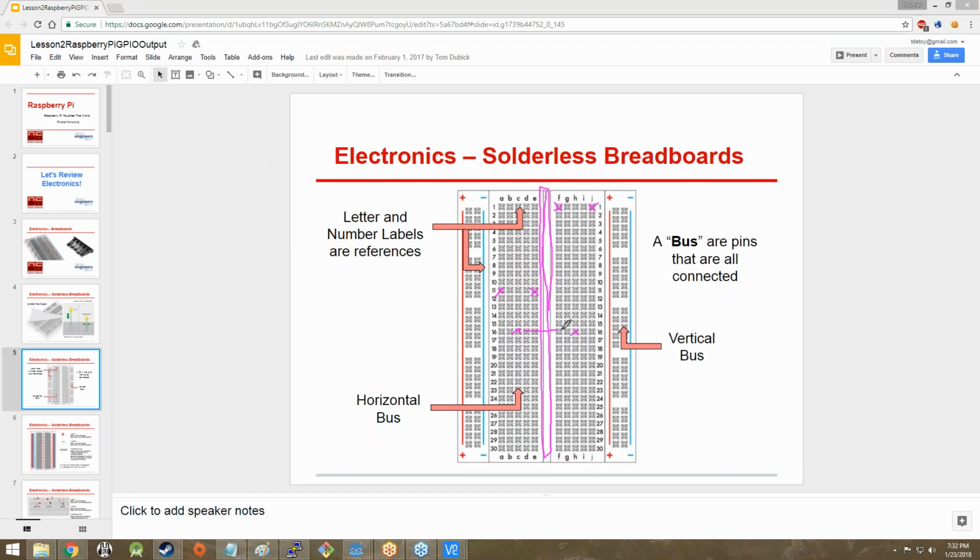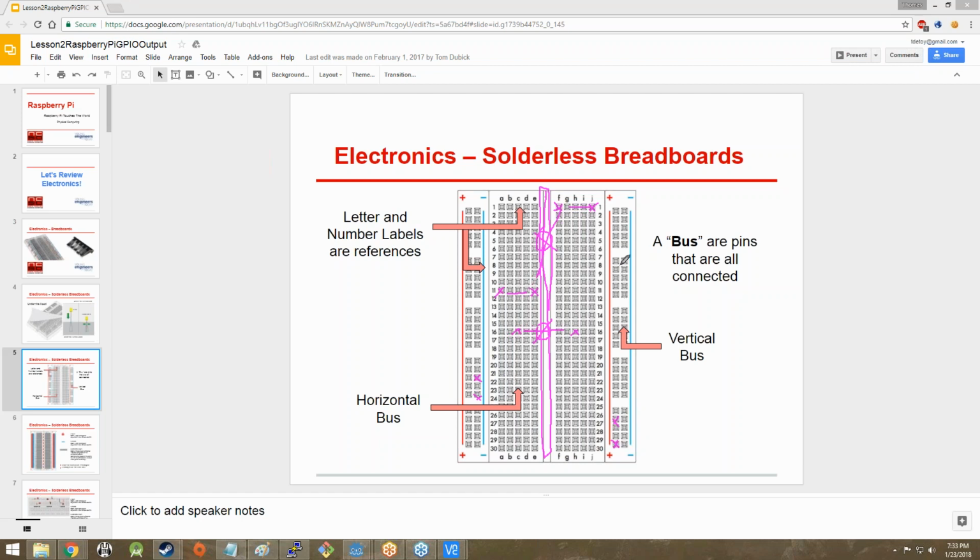So these two are not connected, whereas these two are and these two are. Now these two are not connected to each other because the connection only goes horizontally in the middle. On the sides, however, they're connected vertically. So this one is connected to this one, and this one is connected to this one.